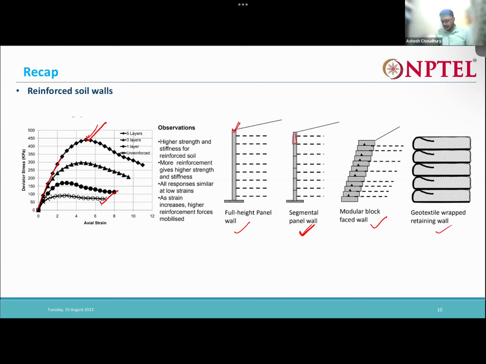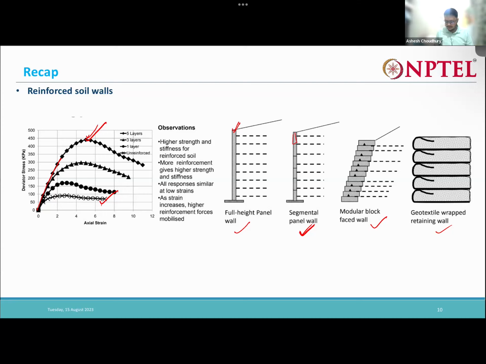And the fourth is the geotextile wrapped retaining wall. We just wrap around and keep on wrapping: put the soil, wrap it, put the soil, wrap it. But the main disadvantage is that if some miscreants come and damage this geotextile or geosynthetic, whatever they have used, they can easily damage it from outside, right?